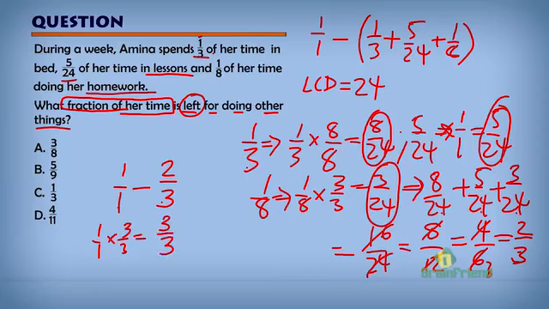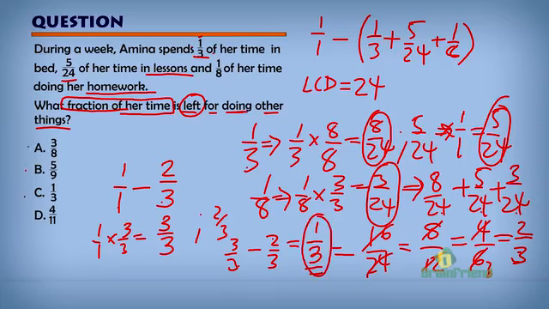And of course, 2 over 3 is the same as 2 over 3. So we simply say 3 over 3 minus 2 over 3. This, of course, gives us 3 minus 2, which is 1. 3 is our common denominator. So 1 over 3 is our final fraction that is left for doing other things.